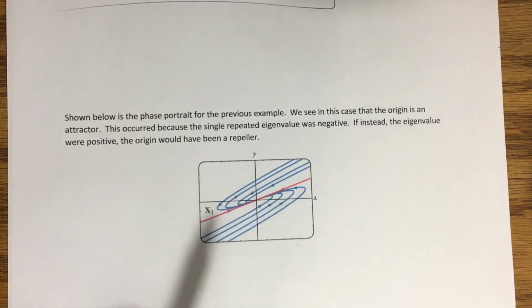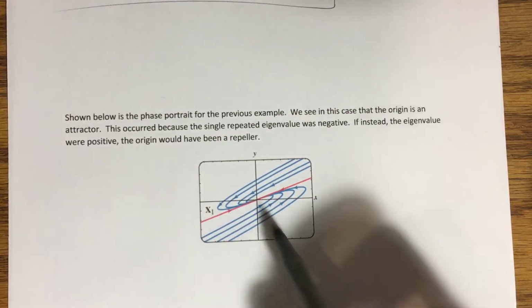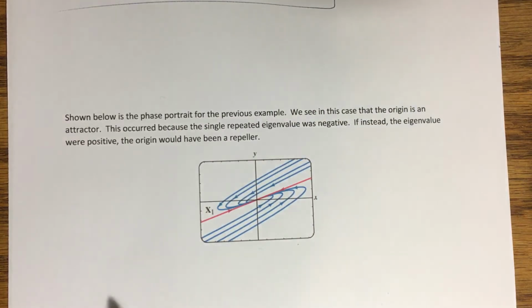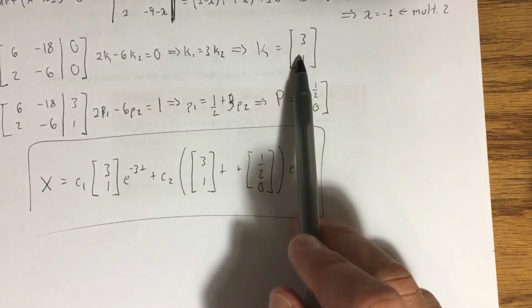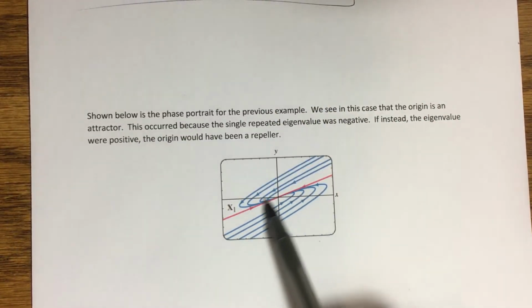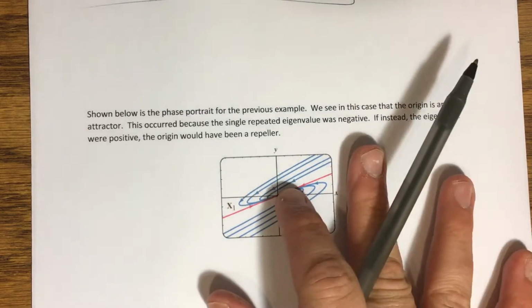Here's what we have now for the phase portrait. When we had two distinct real roots, we had two lines, which we really thought of as four half lines. Because we only have one eigenvector to work with, the eigenvector (3, 1), we can only get one of those lines in this case. But the blue curves, we arrive at those in the same way as before.